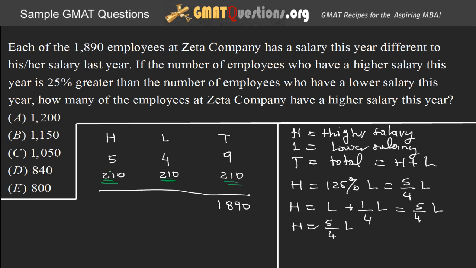So 5 times 21 is 105, and you add a 0. So this is our answer, 1050. We can even easily find the number of employees who have a lower salary by multiplying 4 by 210, but we don't need to do that.